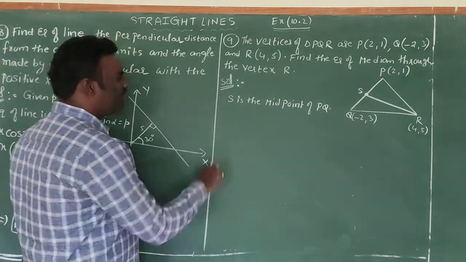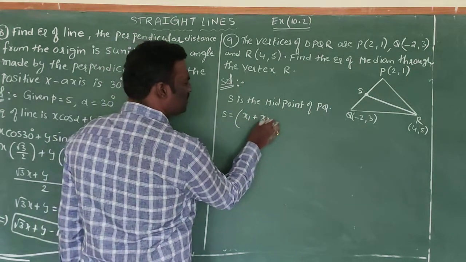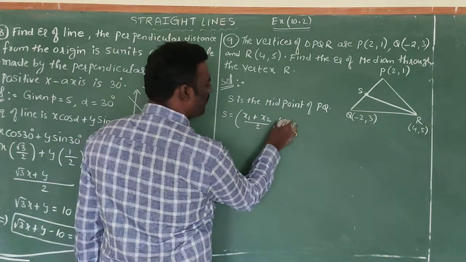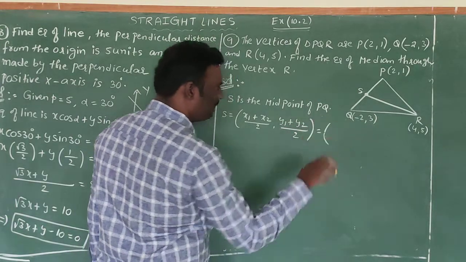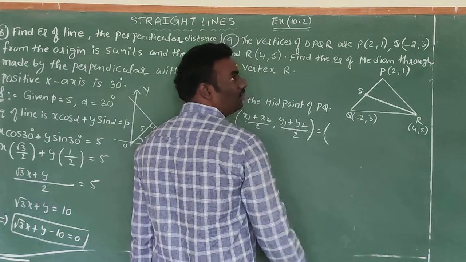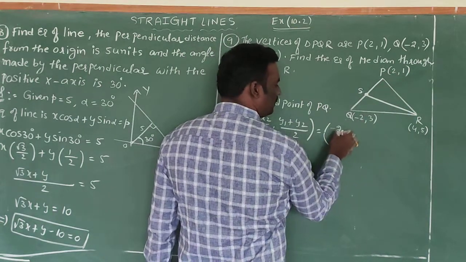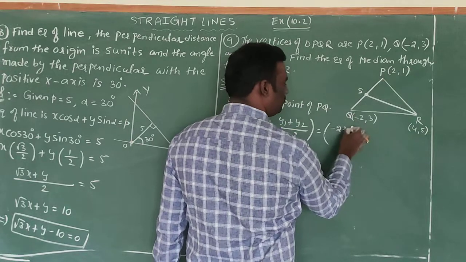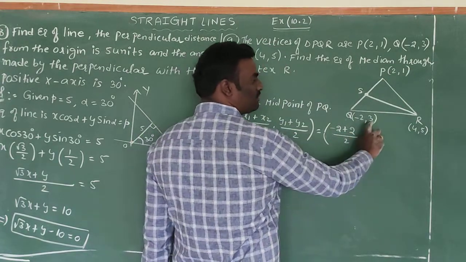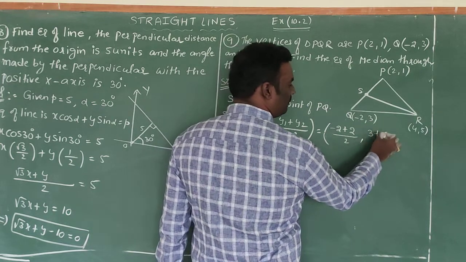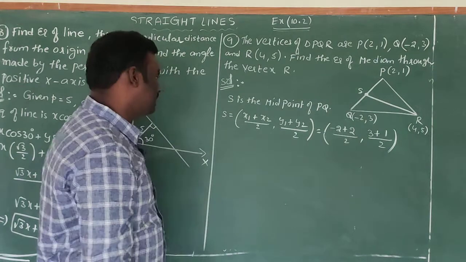We know the midpoint formula: S is equal to (x1 plus x2) by 2, (y1 plus y2) by 2. Here x1 is -2 plus 2 by 2. Next, y1 is 3 plus 1 by 2. Now simplify.